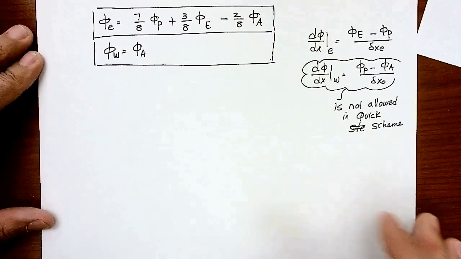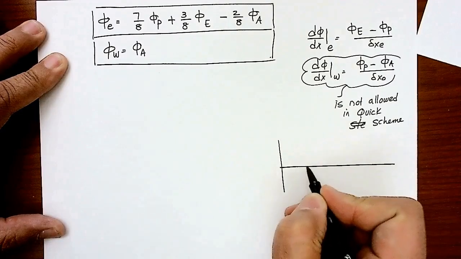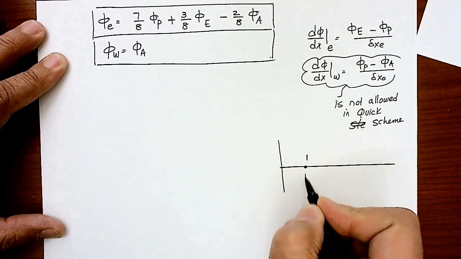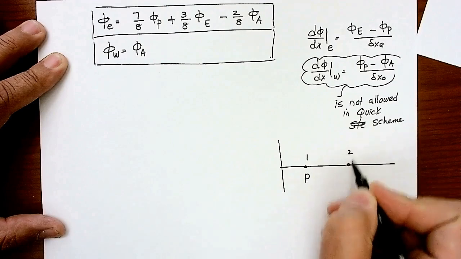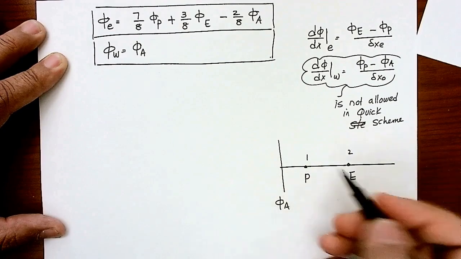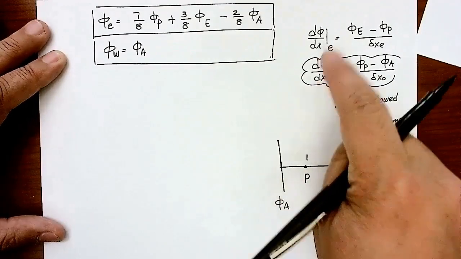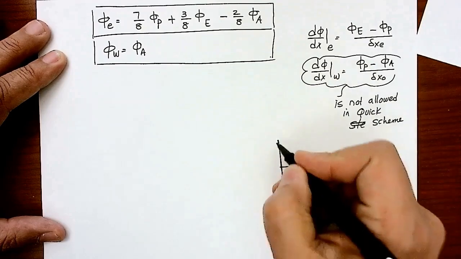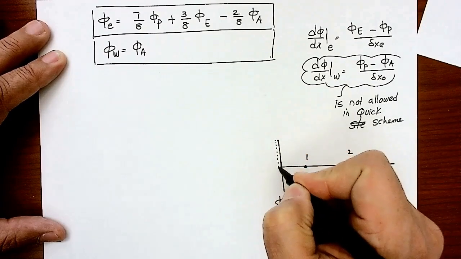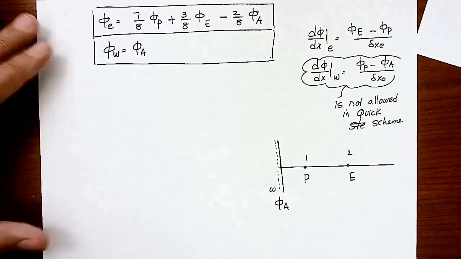So let's draw that issue here. We have that's node 1, which we call P, and that's node 2, which is my east 1, and this is phi A here. And our problem now is to find a replacement formula for d phi by dx on that west face, which is right here.